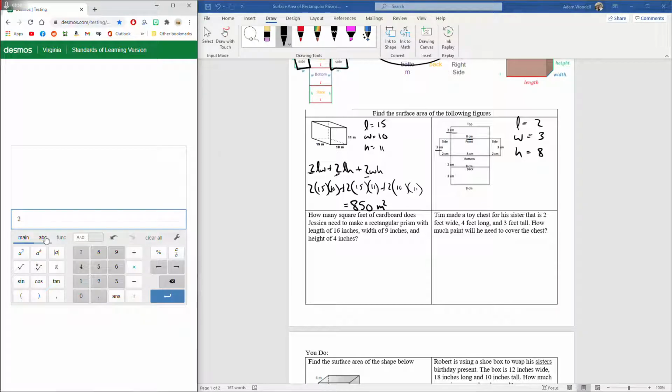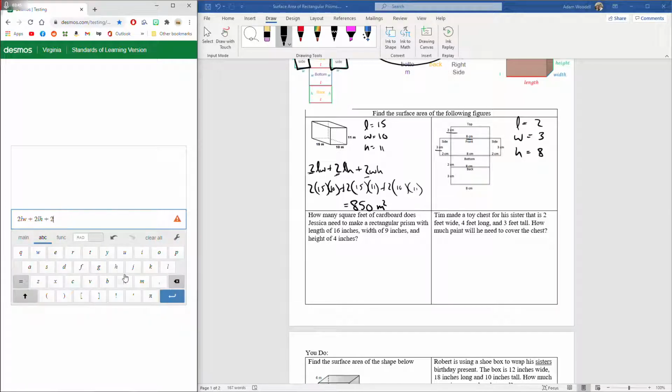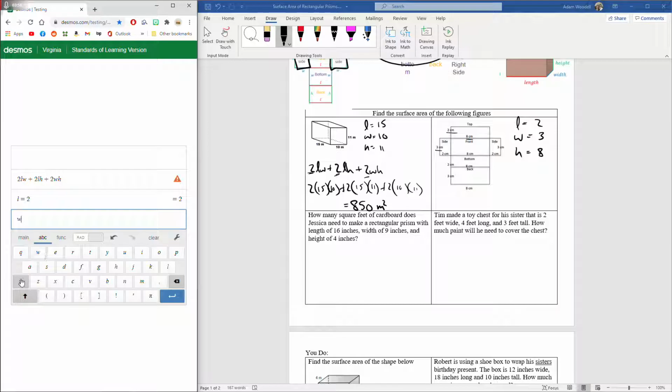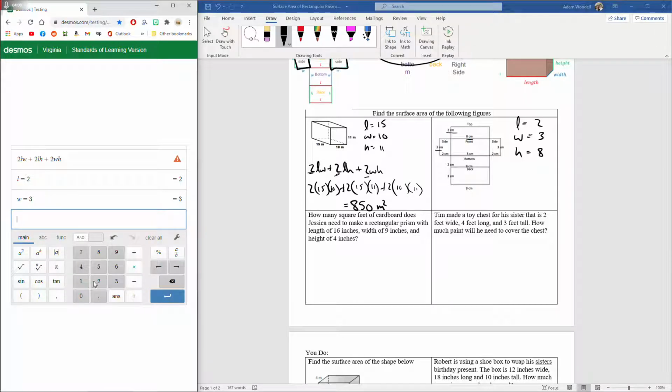So I'm going to type 2 times length times width plus 2 times length times height plus 2 times width times height. It's not going to give me an answer yet because I didn't plug any numbers in. So the length we said was 2. Hit that blue button. Width is equal to 3. Hit that blue button.